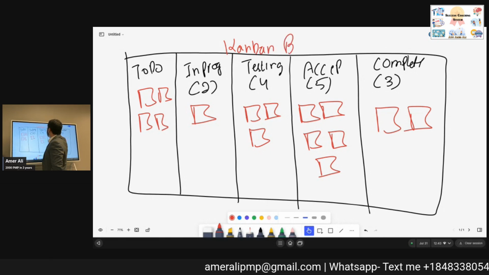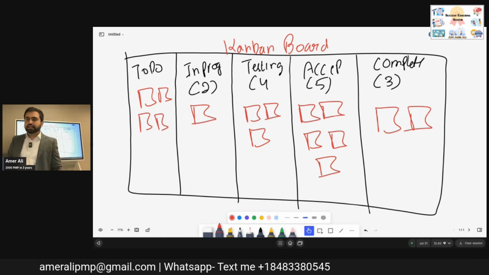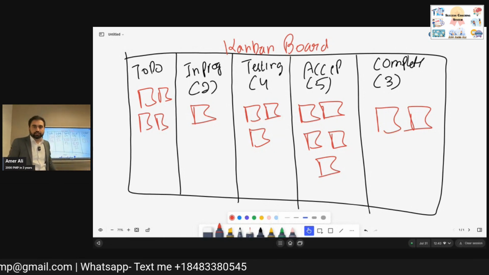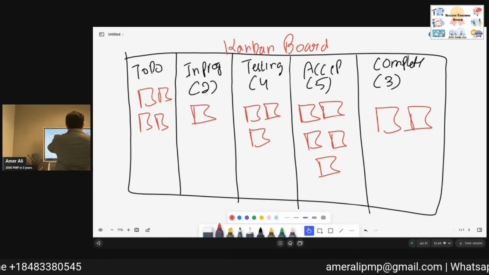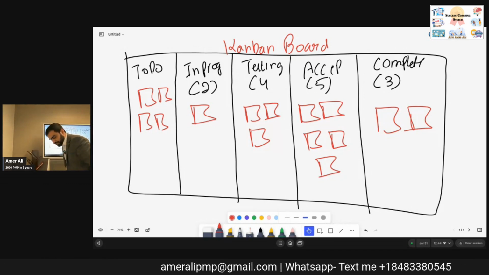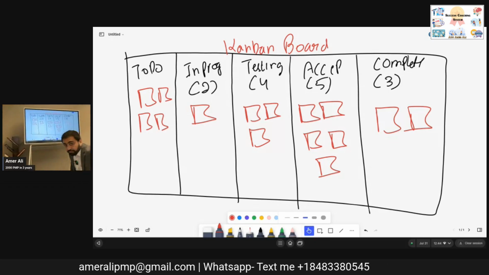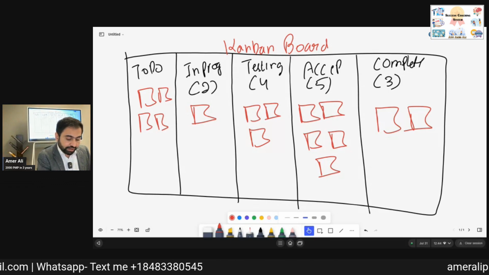Identify. This is a question in the exam. The question comes something like that. What is the bottleneck here? Tell me. This will be an interesting question to see. And why? What is the bottleneck here and why?